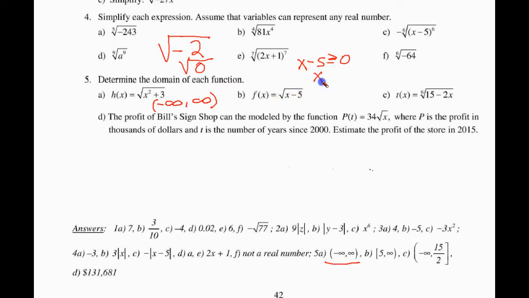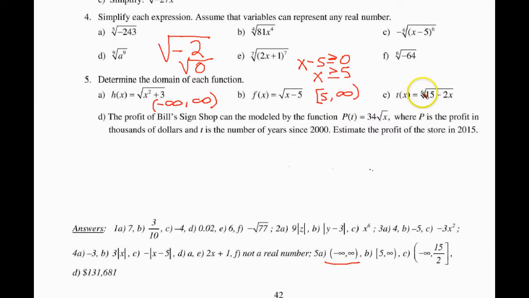So we just go x is greater than or equal to 5. And then how do we put that in interval notation? Well, it starts with 5. We're using a bracket because 5 is included, and it goes to positive infinity. And infinity always has a parenthesis.